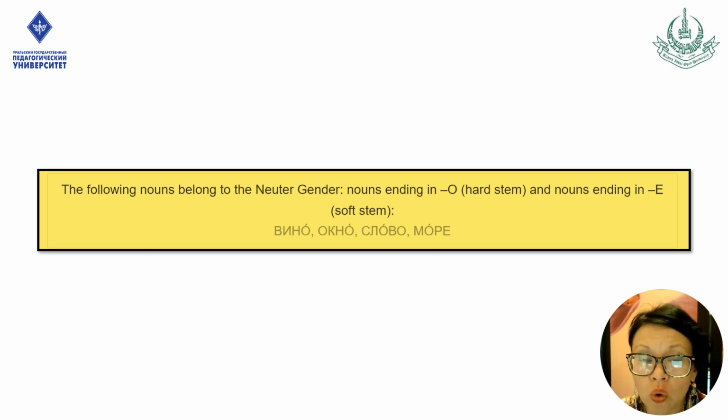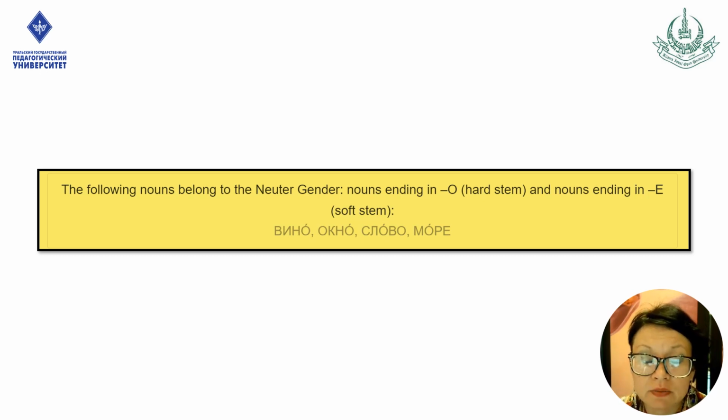Вино, окно, слово, море. Just о or е. Just pay attention to the final letter. Ending, окончание, and you may see the gender of the noun. If you see the letter о or the letter е, then this is the case of a neutral gender noun in Russian, right?